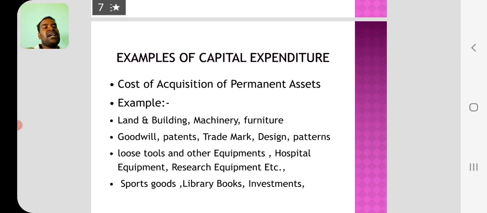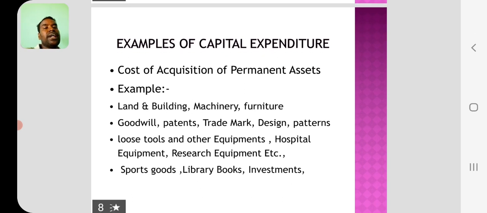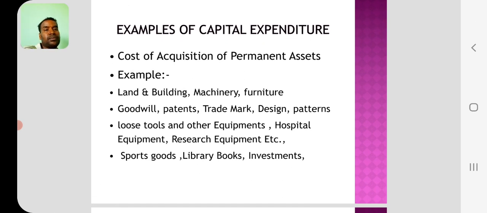Next, examples of capital expenditure. Cost of acquisition of permanent assets. Permanent assets means fixed assets, the assets which are used for more than 10 years, a longer period.